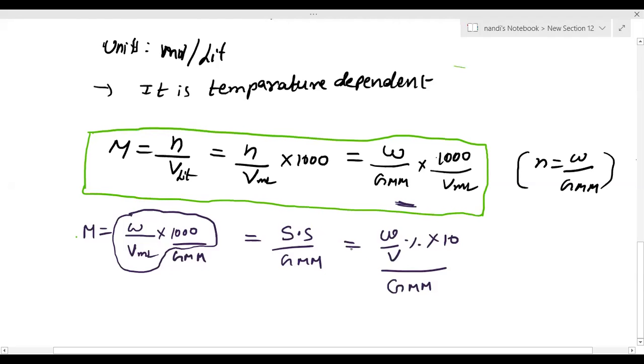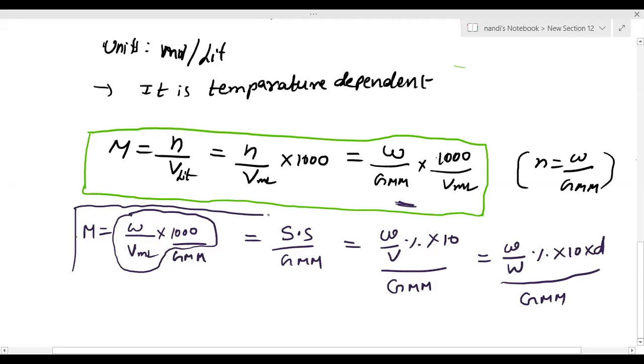In terms of W by W percent, it is W by W percent into 10 into density. Strength of solution divided by gram molecular weight. So these are all the different forms of molarity formulas.